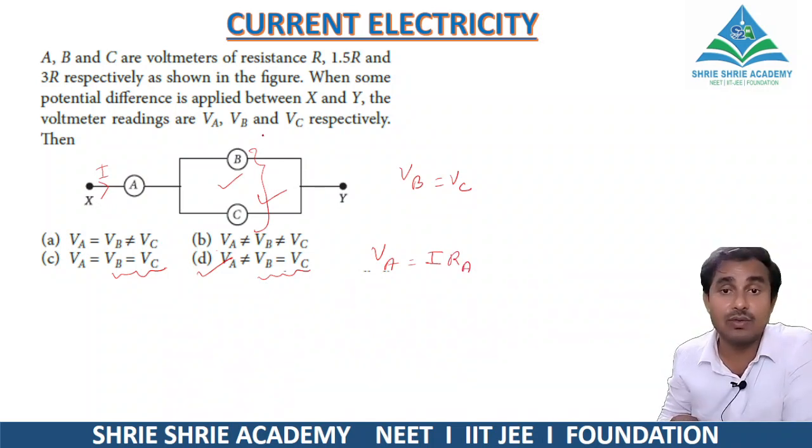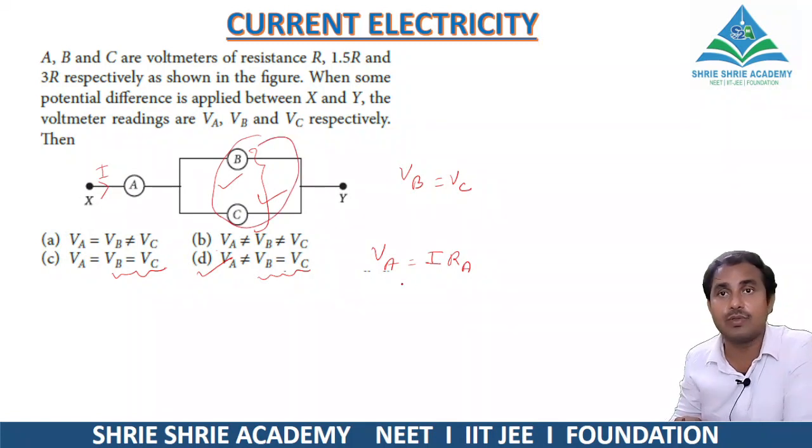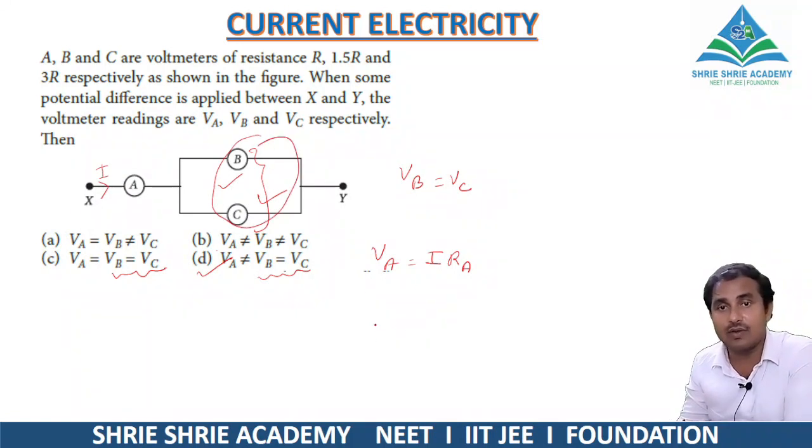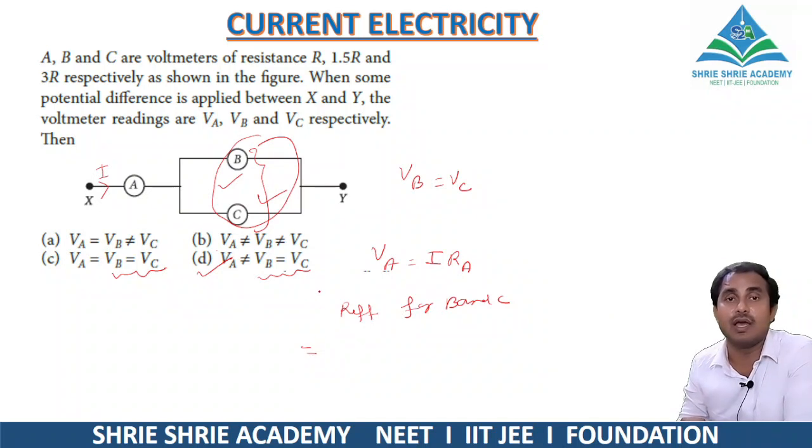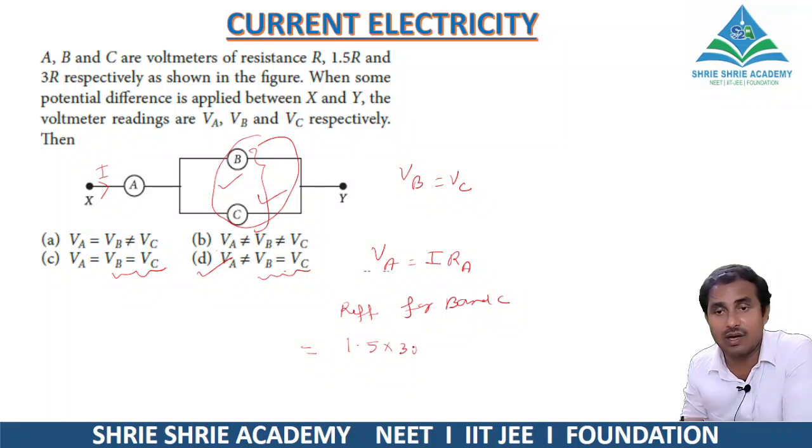Now here you should find the total voltage, which means you have to find the effective resistance of B and C. So R effective for B and C: you get 1.5R and 3R, so you take R1 R2 divided by R1 plus R2, and that is equal to R.